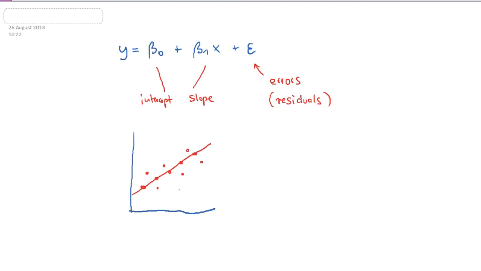Now, because there is variation around the line, we usually need to use this formula with the epsilon term for our linear statistical model. Now, this is a linear statistical model which is just for one explanatory variable. And we will soon encounter statistical models where we expand the formula for more than one explanatory variable.